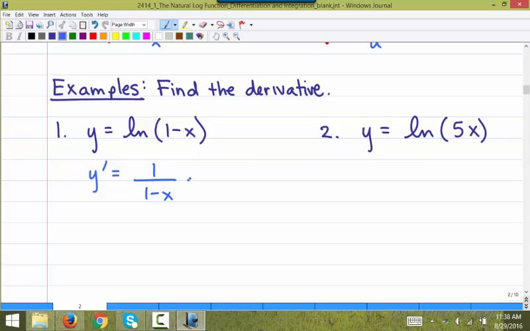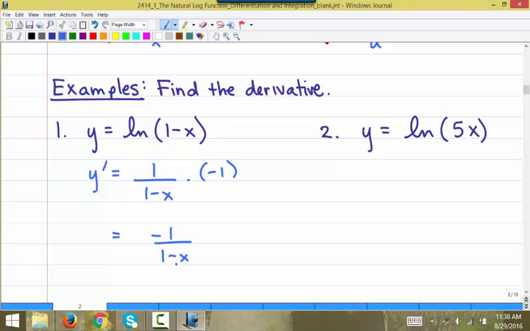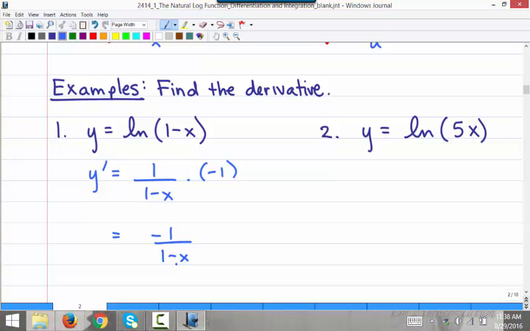What's the derivative of negative x? Negative 1. So I would write it as negative 1 over 1 minus x. If you want to write it as 1 over x minus 1, by all means, go for it. I've learned, don't try to showboat and clean stuff up when you don't have to. Just leave it alone. Let it be right and be done.